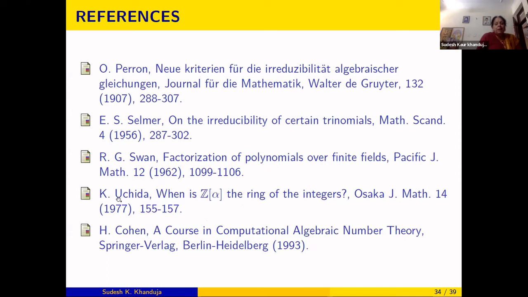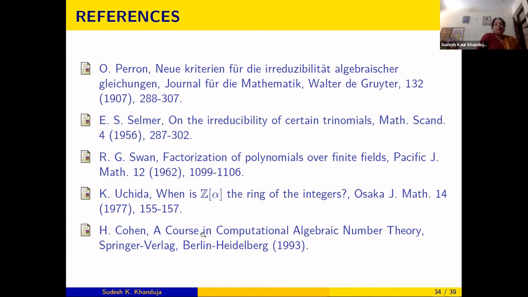I could not, by the way, find from the internet a photo of Uchida because I put everybody's photo except for Uchida's. And the first time I read a proof of Dedekind Criterion was from Henri Cohen's course in computational algebraic number theory.